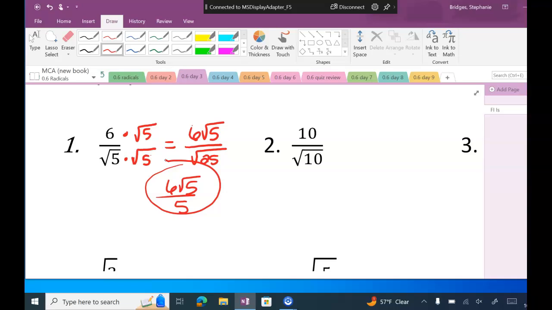So go ahead and try number 2 then. Same concept. I don't want to keep a square root of 10 in the denominator, so I have to figure out what to multiply by so that that square root of 10 simplifies to be something that is not a square root.